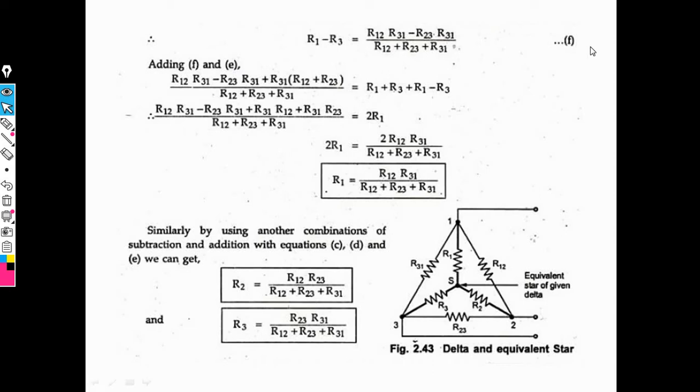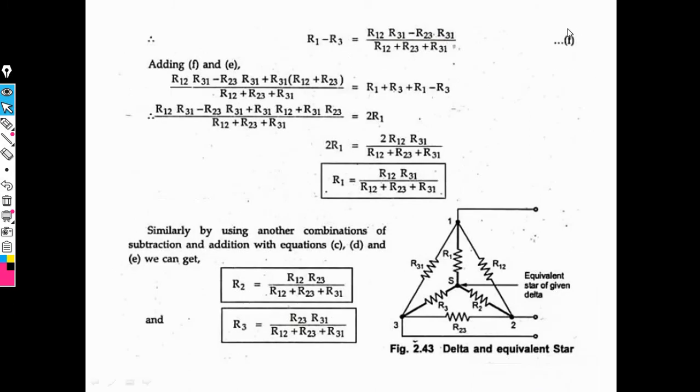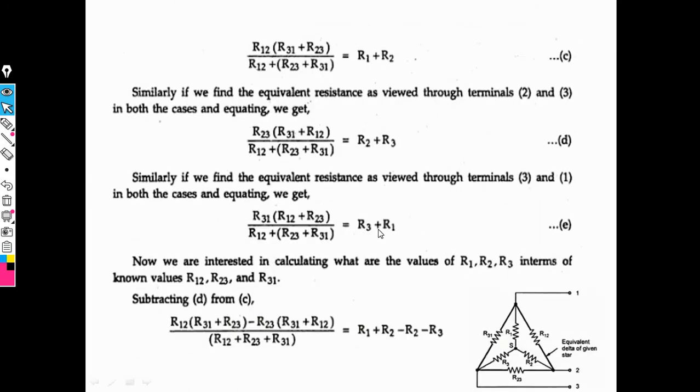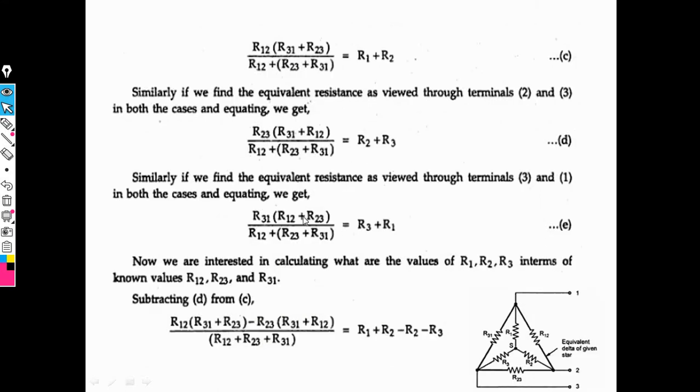This equation is called F. Next is adding equations F and E. That is the addition of equation E and F: R3 plus R1 and R1 minus R3. This is the same.